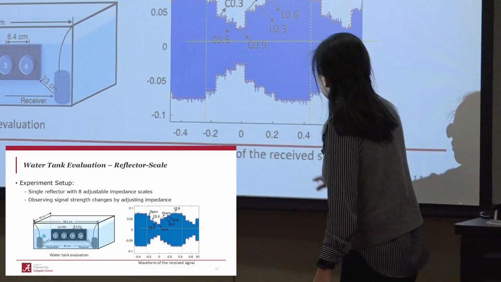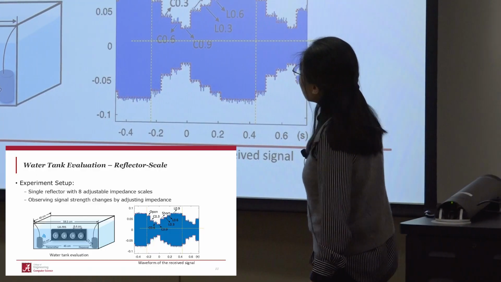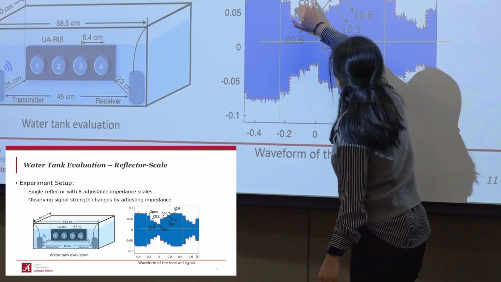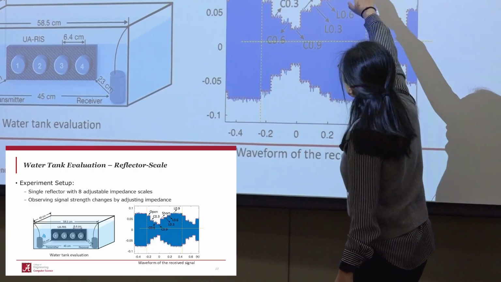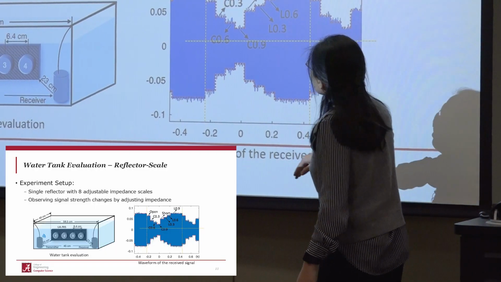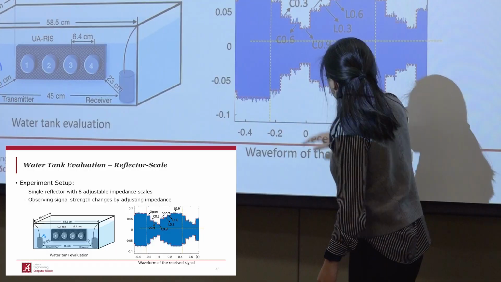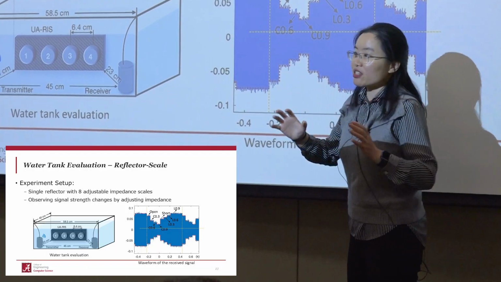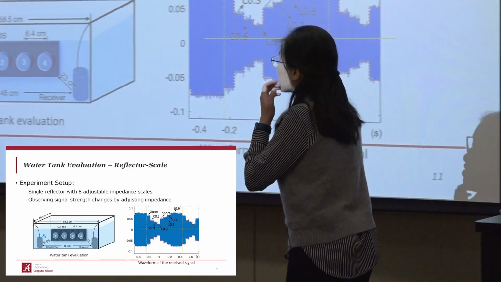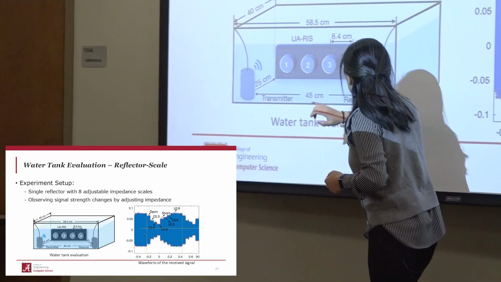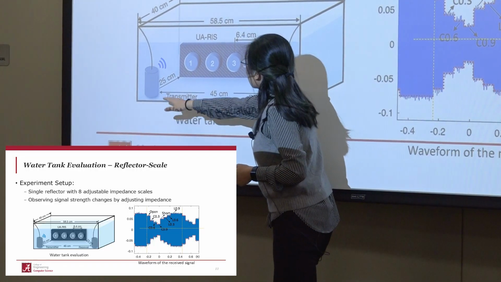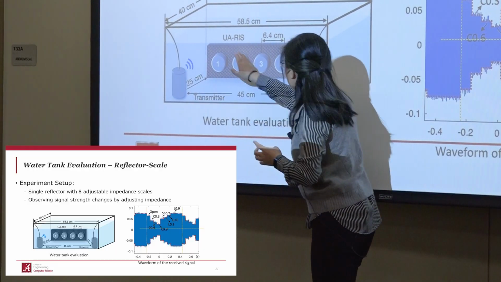So here, this waveform is the received signal measured at the receiver, and you can see those are the stages or the scales of our impedance, and you can see we can manipulate the received signal, because the received signal is a combination of the direct signal, basically the signal from transmitter to the receiver, and also the reflected signal from the reflector to the receiver.